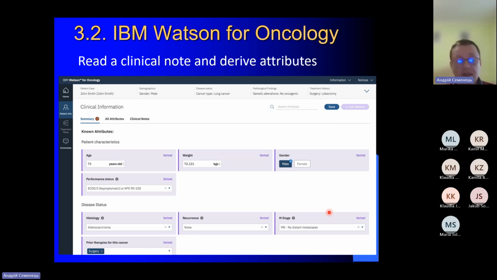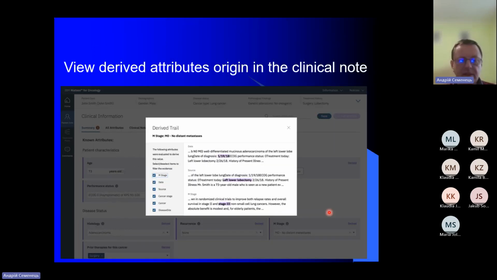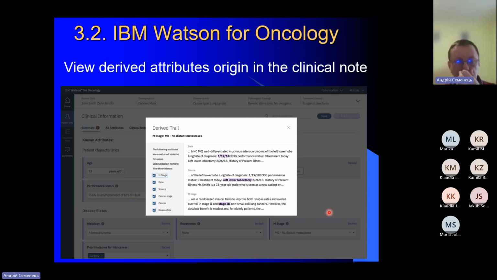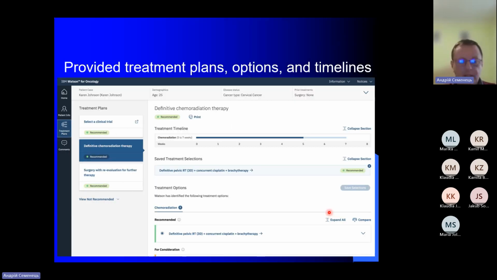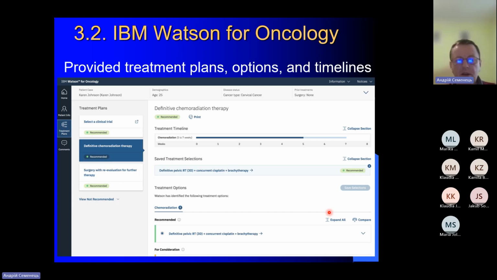And here is an example of how this tool looks, how we proceed with clinical information. Here are given some measures, and some key insights that the IBM algorithm could identify from patient data, and we have a recommended treatment plan, options, and a timeline about how it has to be delivered for the patient.